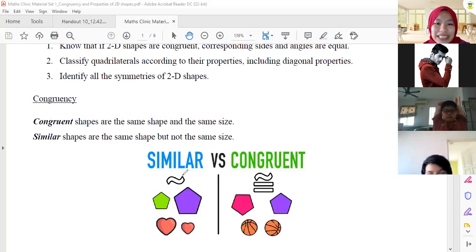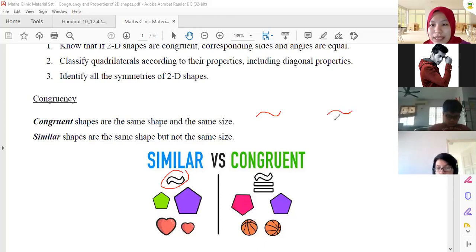Can you see the symbol here? It looks like this, a wavy dash. This one means similar, but this symbol is the congruent symbol.